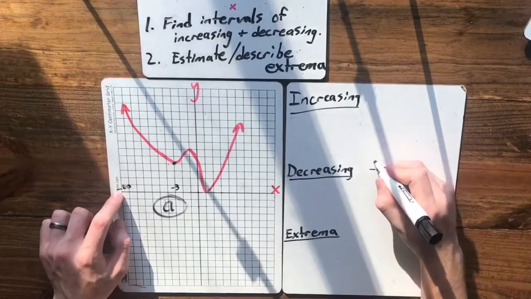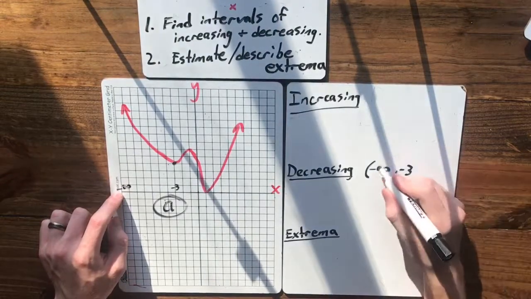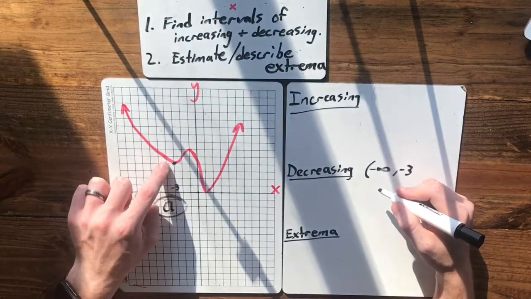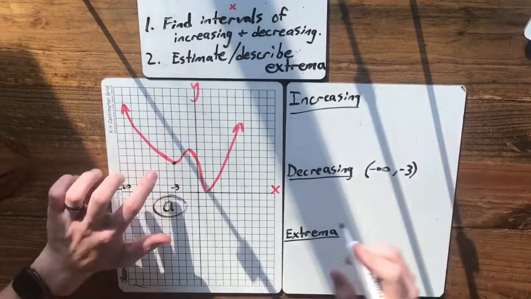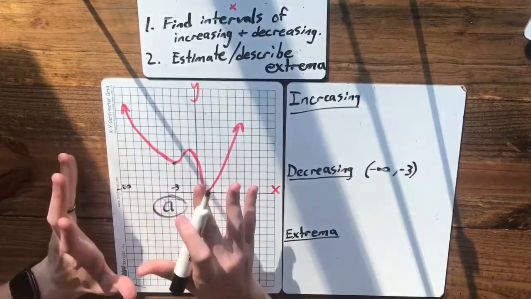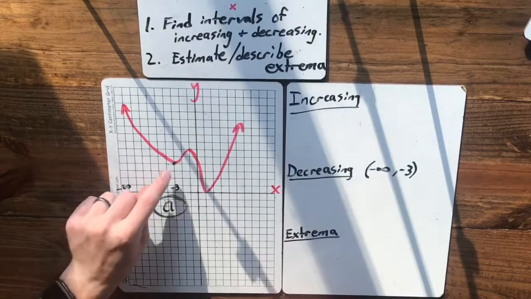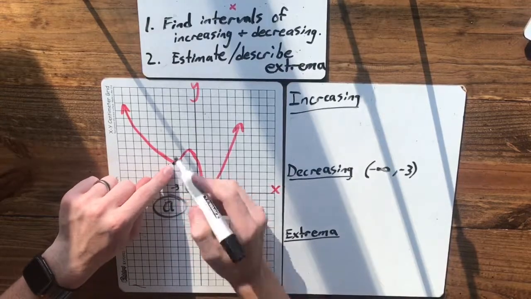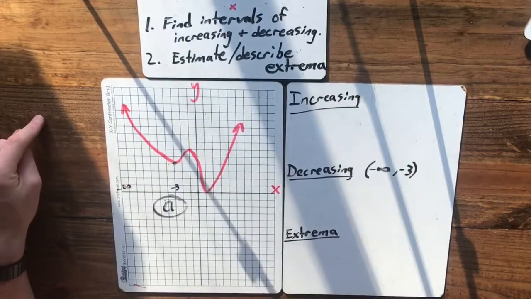It never can equal negative infinity, so I put a parenthesis right there. And it's not actually decreasing at negative 3 because that's the point at which it changes direction. So we call that a turning point. It's not going to increase or decrease at that point right there.